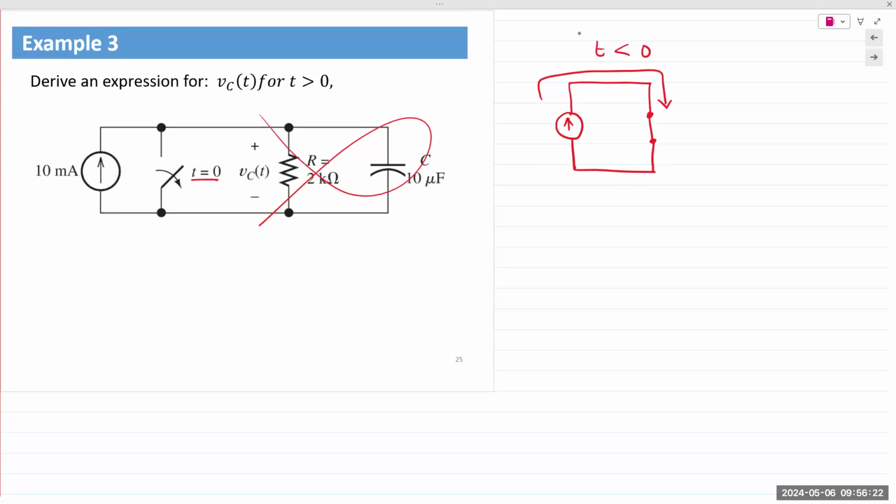If it's not explicitly stated that there is any charge in there, whether it was connected or not, then you simply assume that the initial starting energy is 0. So since it is disconnected and because nothing else is stated, assume V0 is equal to 0 volts.